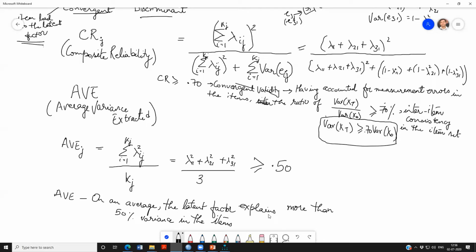That means the latent factor is actually accounting for, on an average, 50% variance in each of these items.